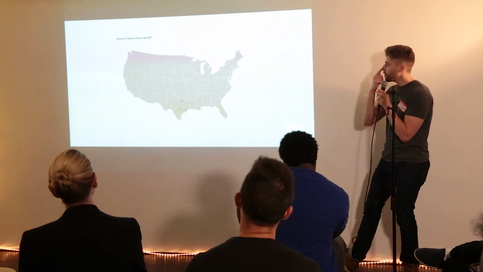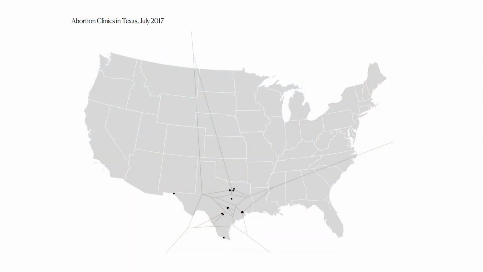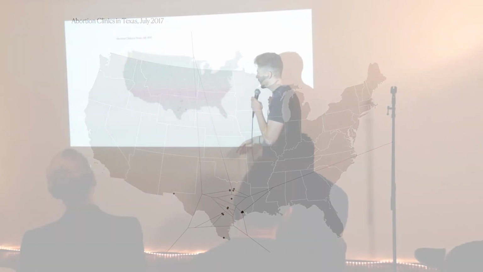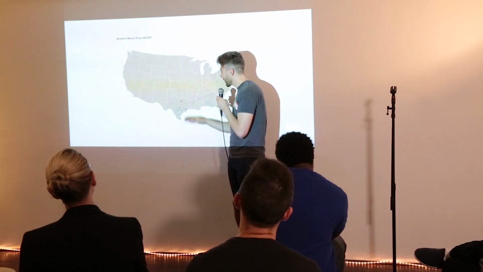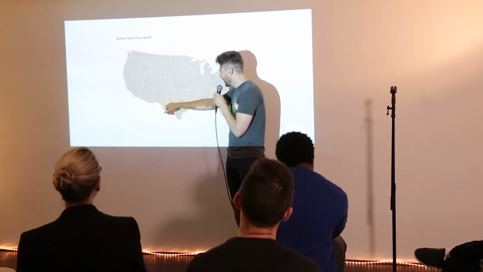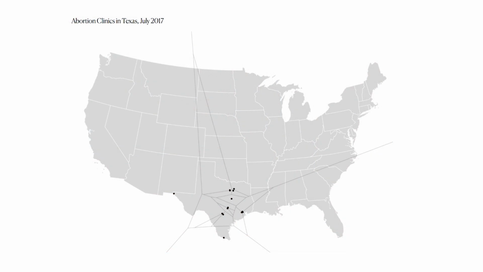Next slide. Okay, so this was one of the first charts that we made for the clinics project. We manually called and Googled our way to finding where the clinics were in Texas, found out what services they provided, and then charted this on a map and said, okay, these are the clinics, and the people living here, this is a Voronoi plot, are this far from the nearest clinic.